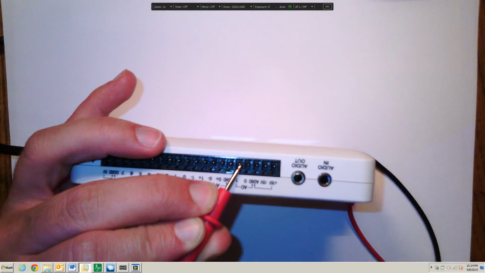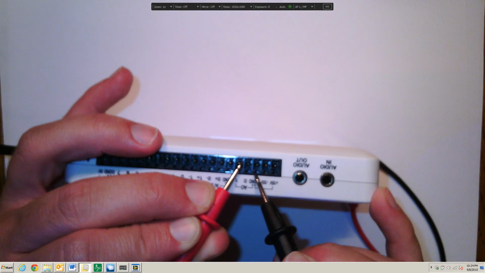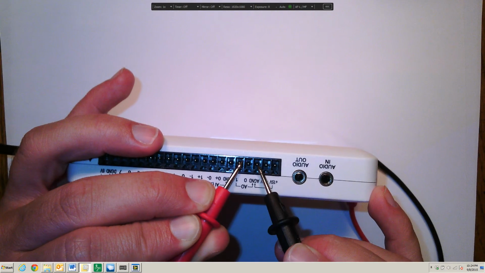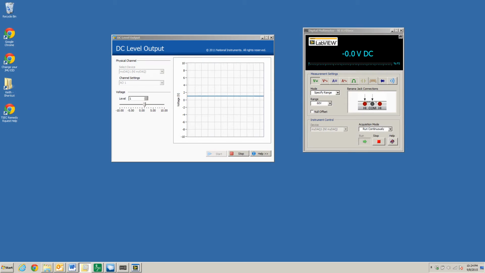All right, and the output voltage should be with respect to the analog ground, which is this terminal right here. So I'm going to measure that potential difference using the multimeter setting. And since I have set it to 1 volt, I'm going to hope that we get a 1 volt reading out of the multimeter, and indeed we do.